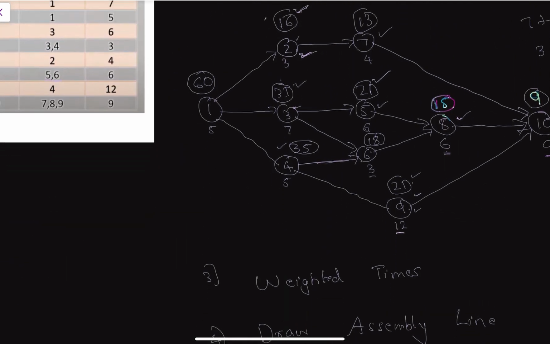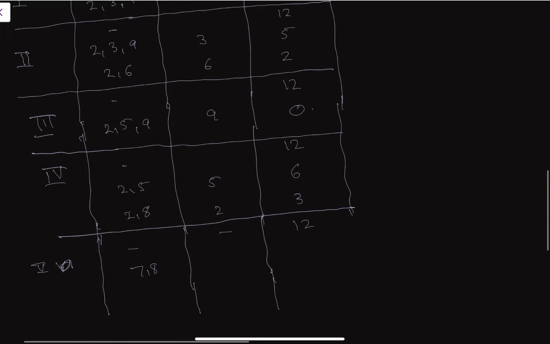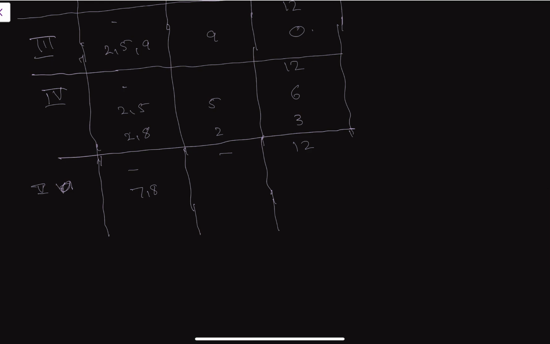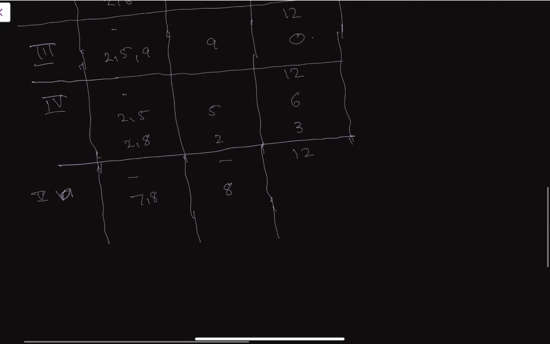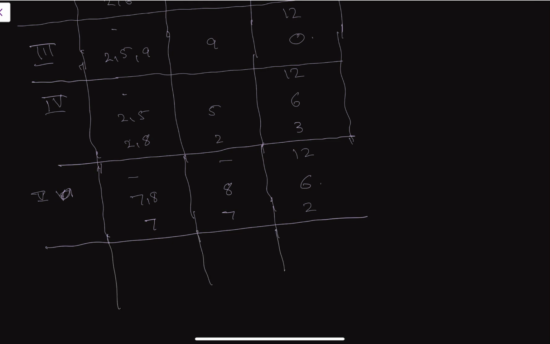Out of 7 and 8, the rank weighted times are 13 and 15, so you will select 8. The duration for 8 is 6, so the remaining time is 6. Next the eligible job is 7, you will assign 7, and the remaining time is 2. So workstation 5 is over because all the jobs after this have duration greater than 2.